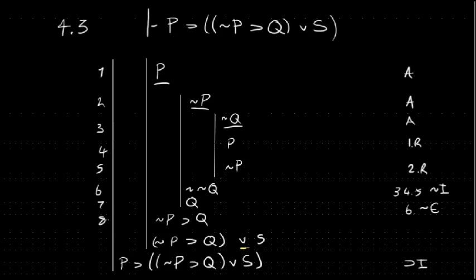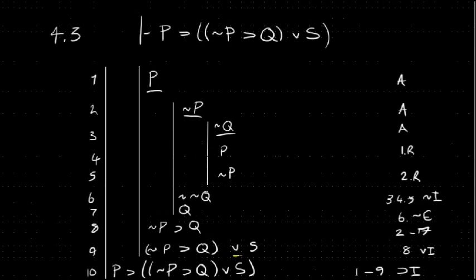So line 8 we get not P then Q from 2 to 7. On line 9 we get not P then Q or S from 8, disjunction introduction, and then on line 10 we've got our whole thing coming in, so lines 1 to 9 and a conditional introduction give us P then not P then Q or S. Okay, moving swiftly on.